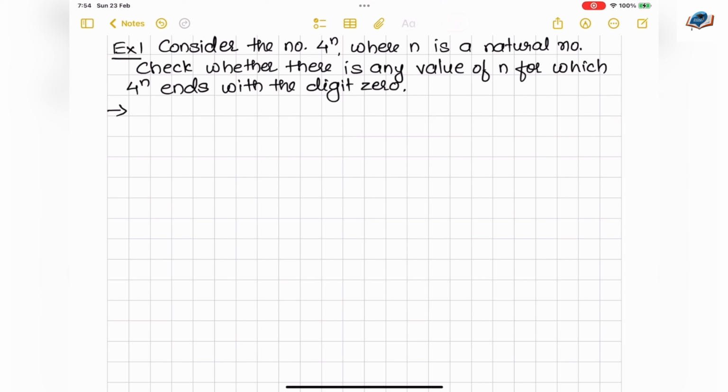The next type of question which is asked is, consider the number 4 raised to n, where n is a natural number. Check whether there is any value of n for which 4 raised to n ends with the digit 0. So the easiest way is, factors of 4 are 2 into 2.